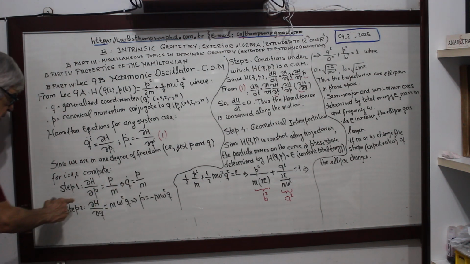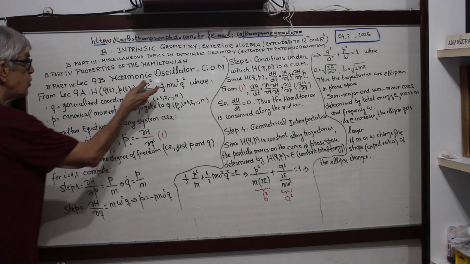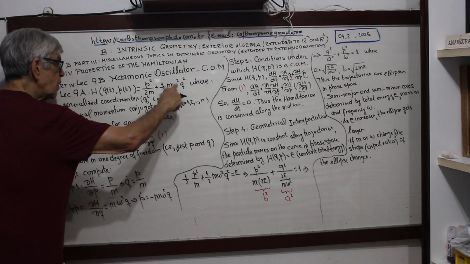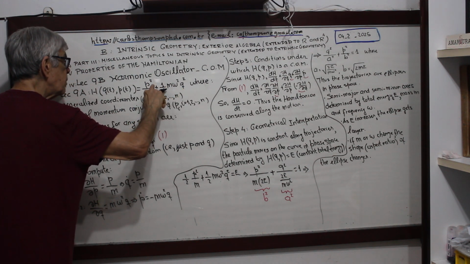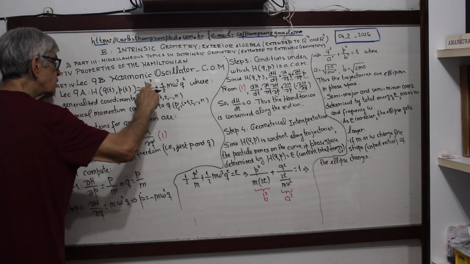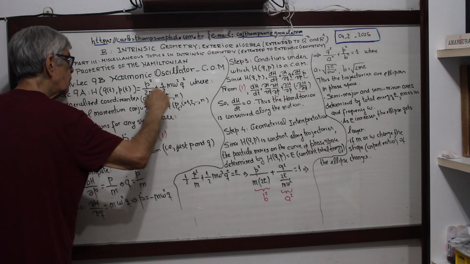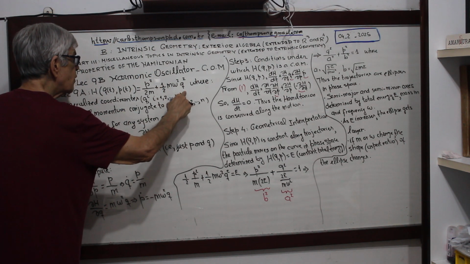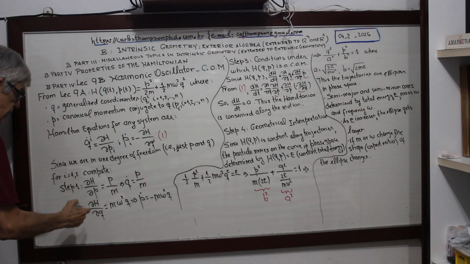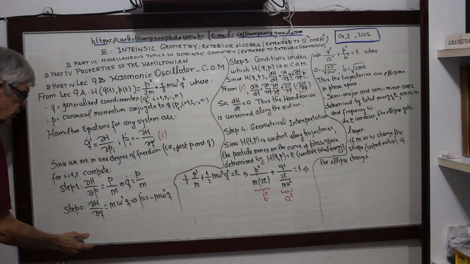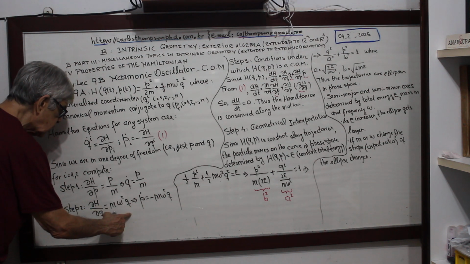Step 2: derivative of H with respect to q. You just go over here, q is a variable and p remains constant. So the derivative of the p term with respect to q is 0, so just take the derivative of q squared with respect to q. It's a straightforward derivative. In this case it is m omega squared q.